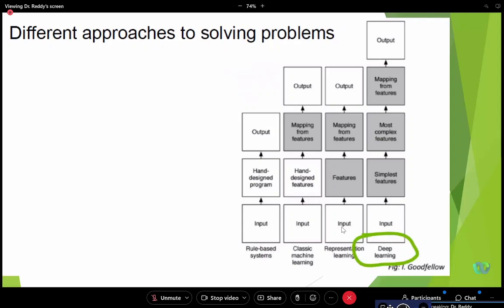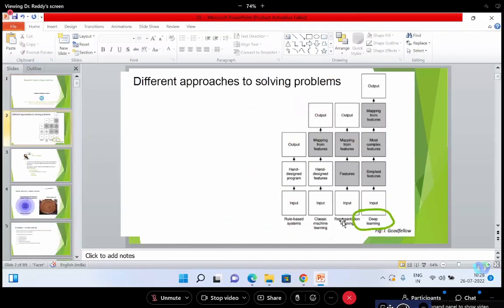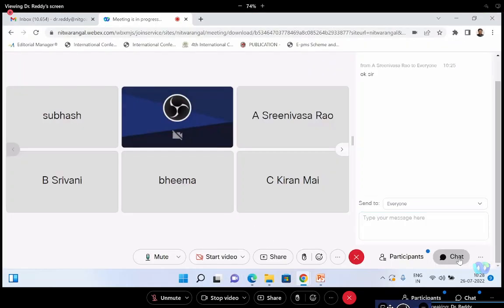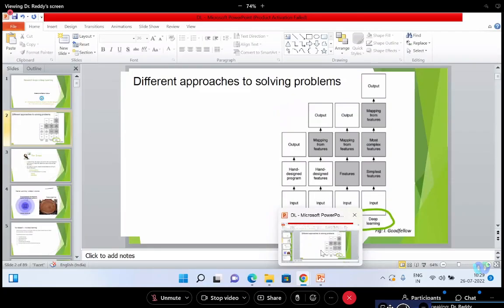Just like any computing problem I can solve using deep learning, what is the first criterion to have deep learning in my model? Any answers in the chat box? No.